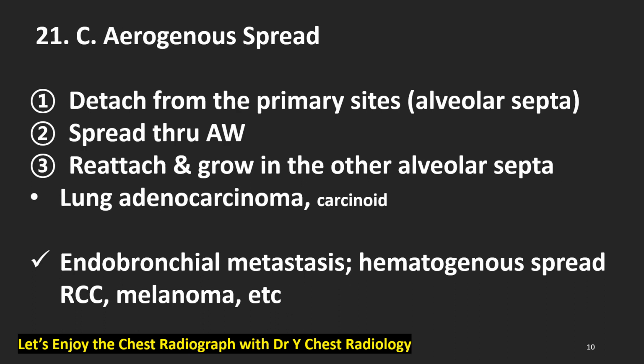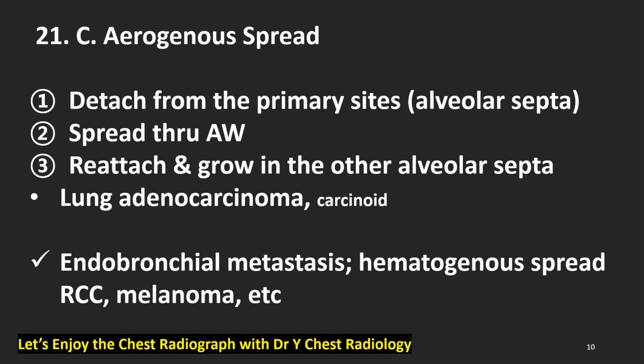C. Aerogenous spread. Let's presume lung adenocarcinoma as a primary site, and the following mechanisms are postulated. Many people, including me, agreed with this postulation, but we may need some more proof. Let's go. A. Detachment of cancer cells from the primary sites, alveolar septa. And these cancer cells spread through the airways.